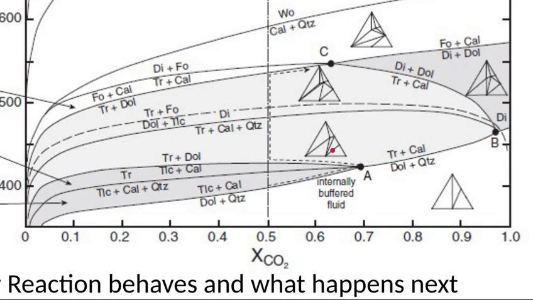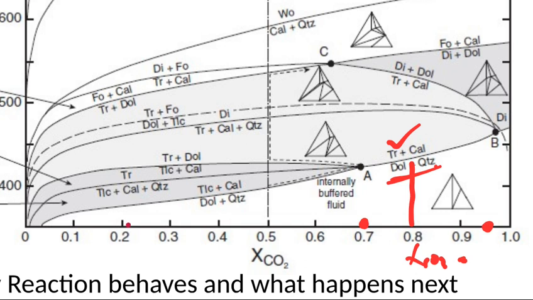Now if the system contains xCO2 between 0.7 and 0.97, if I consider the system contains 0.8, xCO2 is equal to 0.8, then the first reaction will be dolomite plus quartz directly forming tremolite.